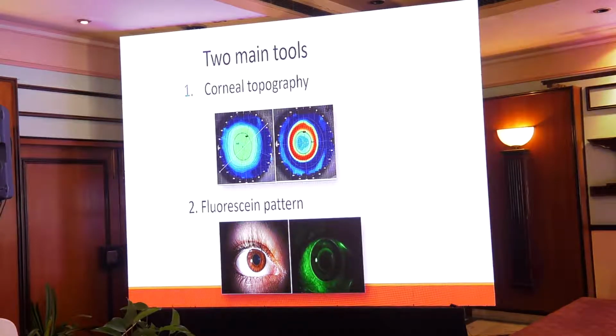The topographer provides the K readings, of course, eccentricity, of course, the shape of the cornea, but mainly it shows how you are modifying your cornea where you fit. And that's the most important thing, because when everything is running well, no problem. But when things go badly, then we need something to help us control.